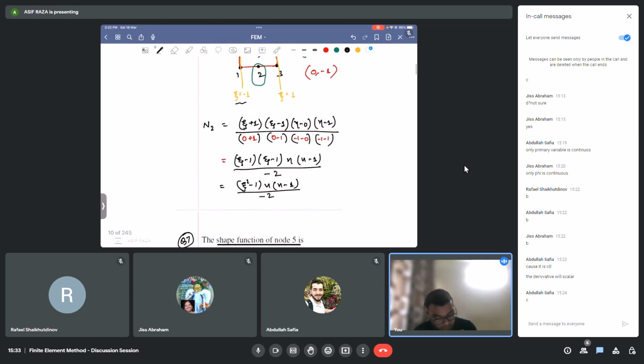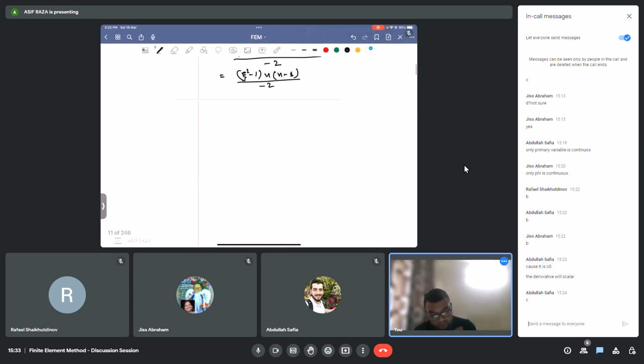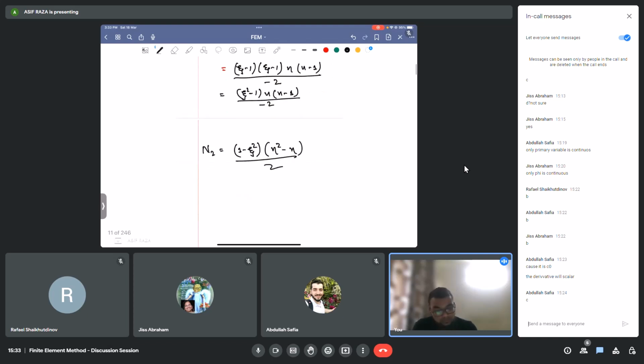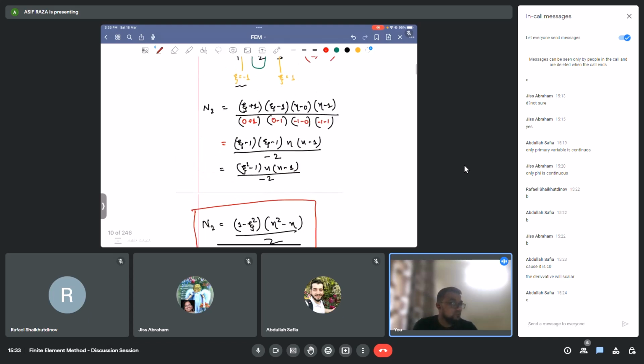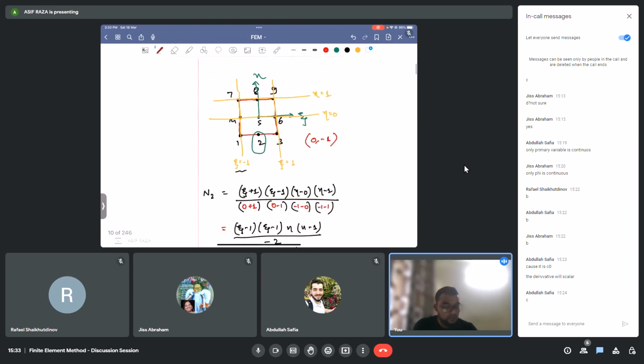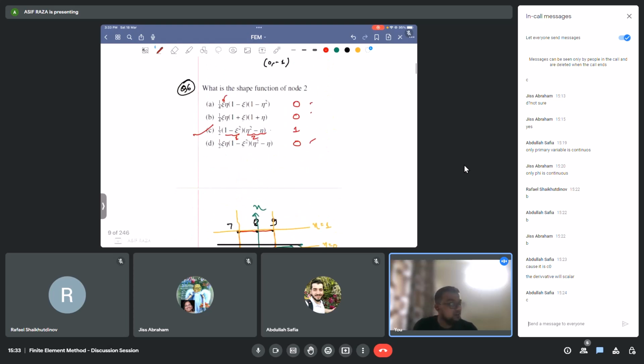Taking minus outside, N2 would be equal to 1 minus xi square, and eta can be multiplied inside, eta square minus eta, over 2. So this comes out naturally now. I hope this is alright now. This is the same answer as what we got earlier. See?